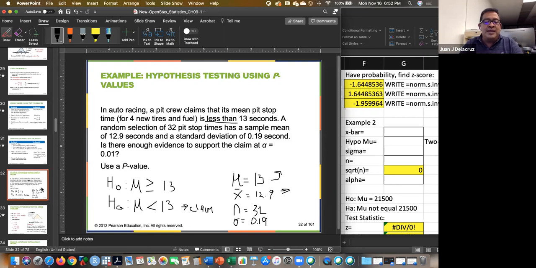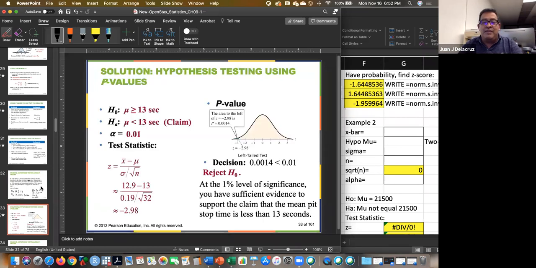But I want to be incorrect the lowest amount of times. So I'm going to use a very low level of significance. So in this case, I'm going to find the z-score. So the z-score, remember, in a sample, we're going to have the sample mean minus the population mean.